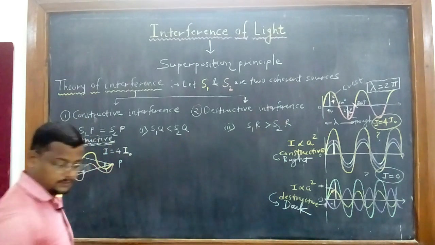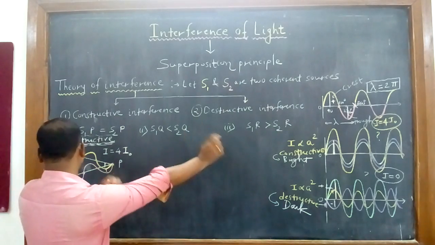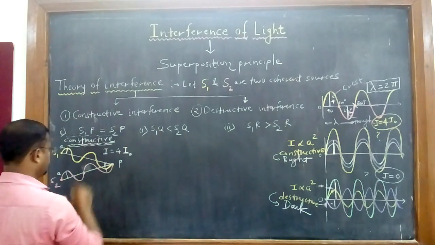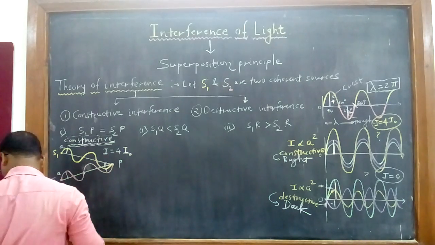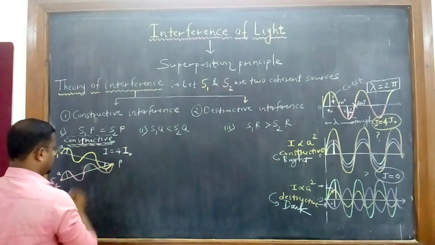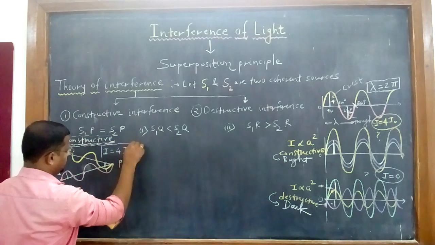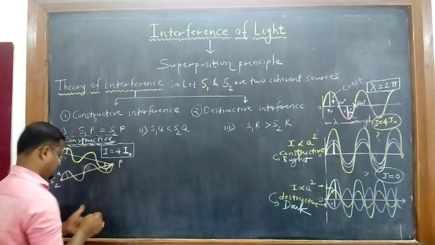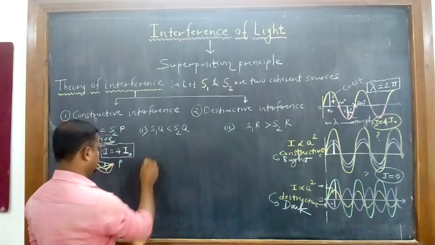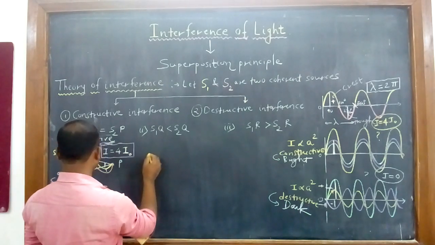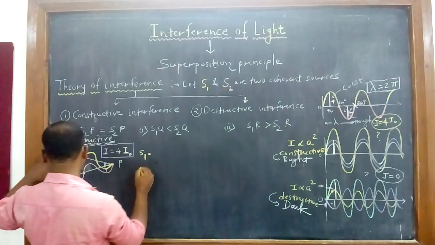Initially, I will draw the diagram first. Now this is S1 and S2. For what type of interference am I telling this? It is for constructive interference, where the intensity of the resultant wave is equal to 4 times I naught. Now this is S1, right?